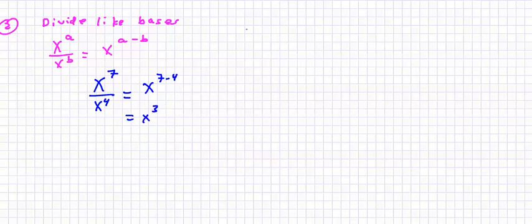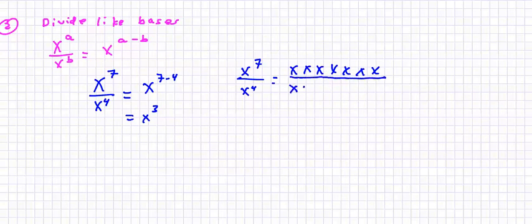But again, my question is why? X to the 7th divided by x to the 4th. X to the 7th means we have 7 x's, 1, 2, 3, 4, 5, 6, and 7, multiplied together, over 4 x's, 1, 2, 3, 4, multiplied together.